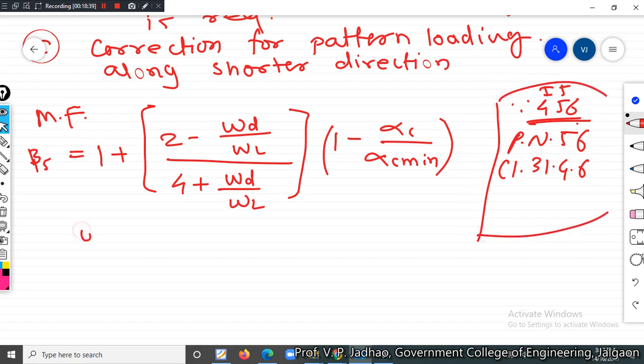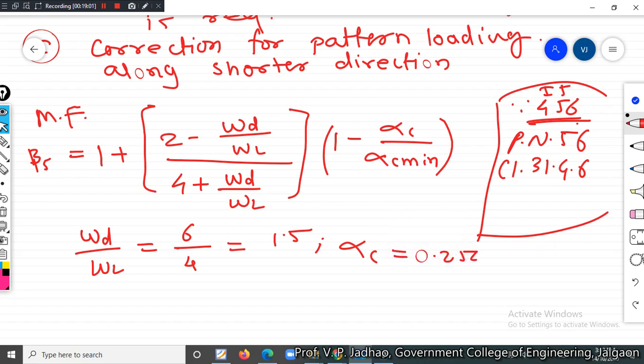So just calculate the WD upon WL ratio, which will be required here. We have dead load as 6 and live load as 4, so this ratio will be 1.5. We have alpha c, which we previously calculated as 0.254, and alpha c minimum equal to 0.285.